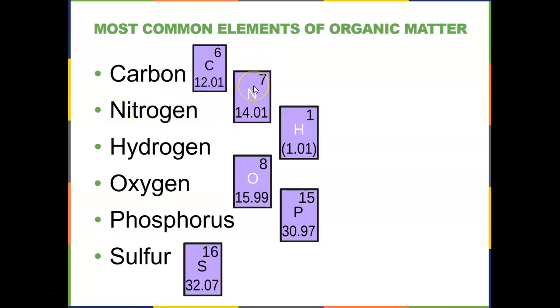These are the periodic table information. Hydrogen, oxygen, phosphorus, and sulfur. So these are the 6 elements that we're going to take a look at cycling through the various components of ecosystems.